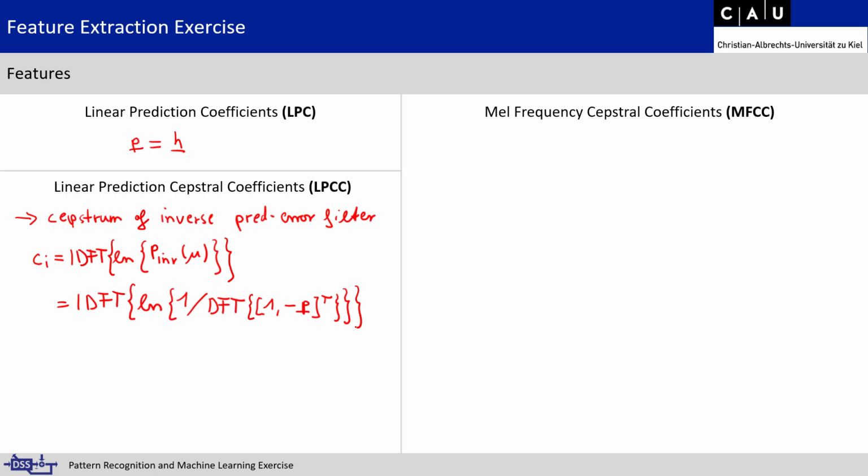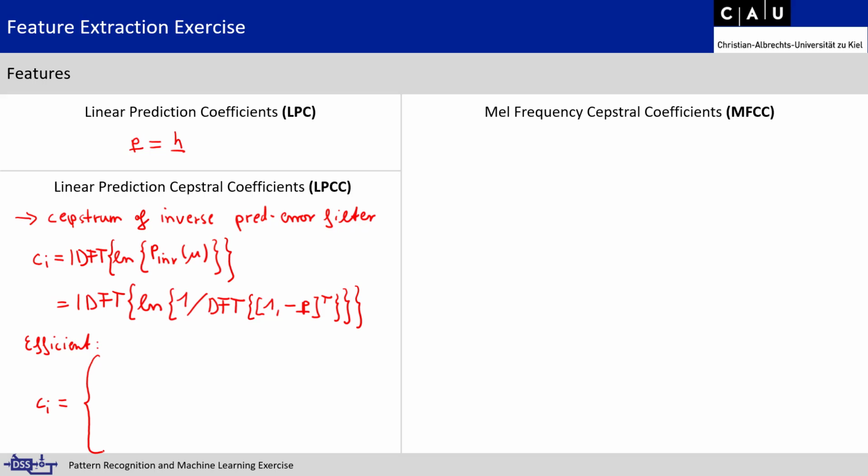And of course, you have to do a lot of computations here, and you learned about an efficient and recursive method to get those cepstral coefficients. So in this efficient version, we don't have to go to the frequency domain, but we directly compute our cepstral coefficients from our regular prediction coefficients.